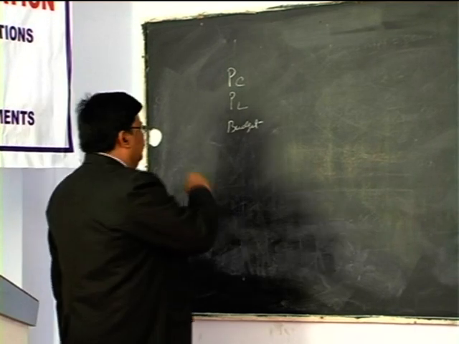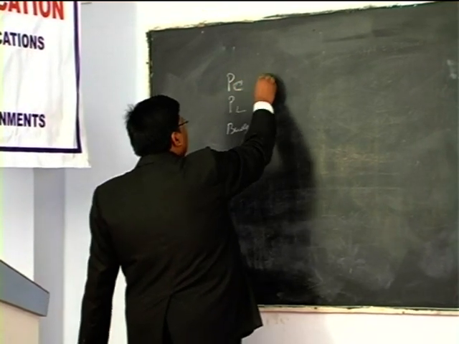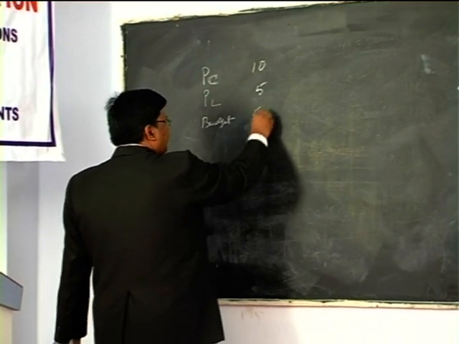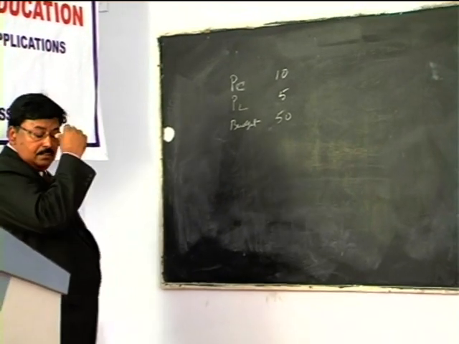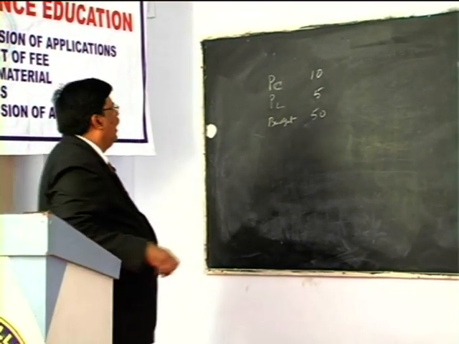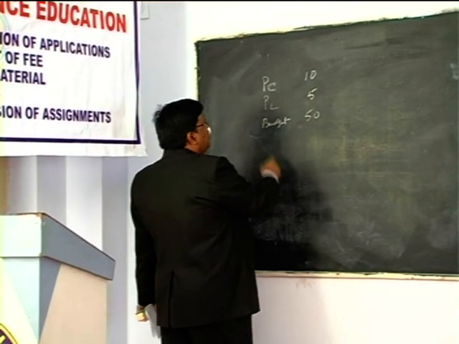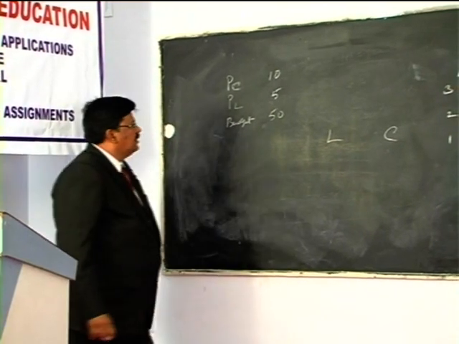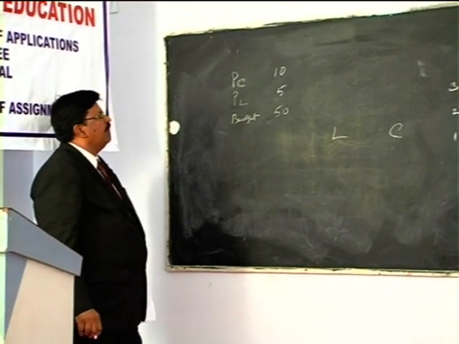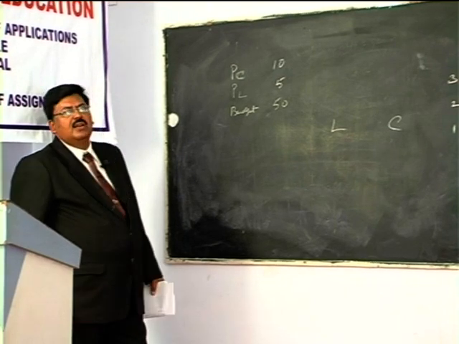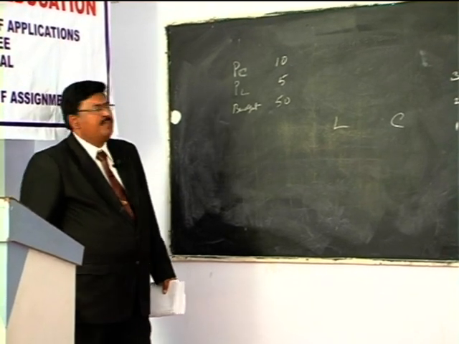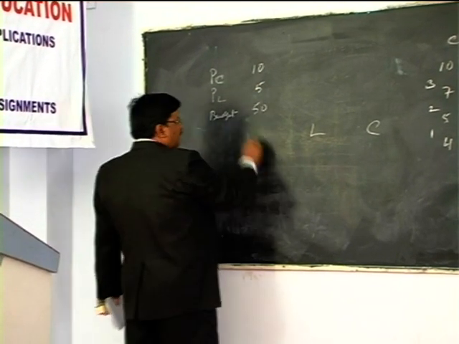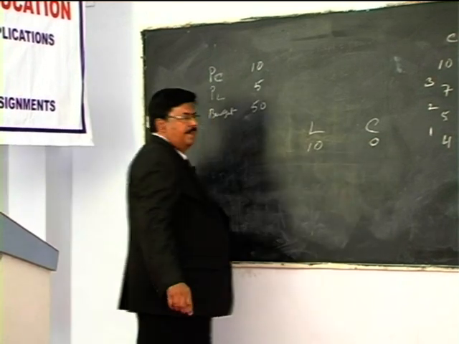For example, the price of capital is 10 per unit and the price of labor is 5 per unit and the budget is say 50. Given this information, if the entire amount of 50 is spent on labor alone, how many units of labor can be purchased? Budget 50 and 5 is the price of labor, 50 by 5 is 10 labor and 0 capital.